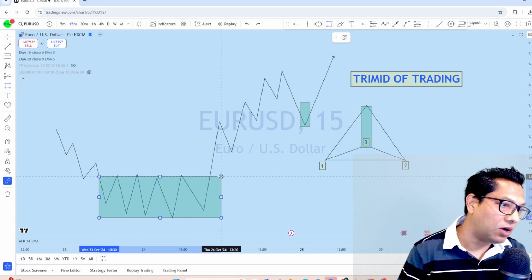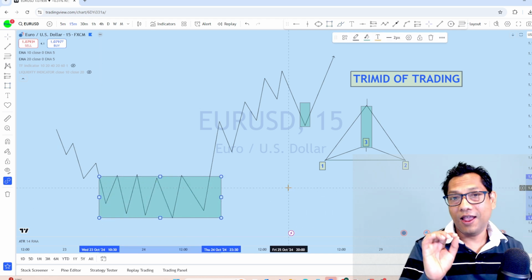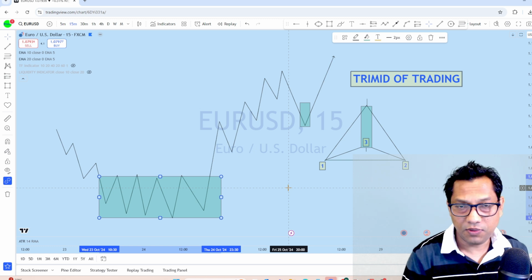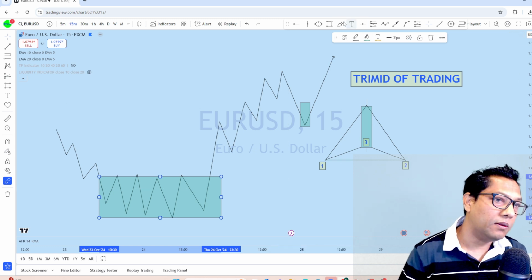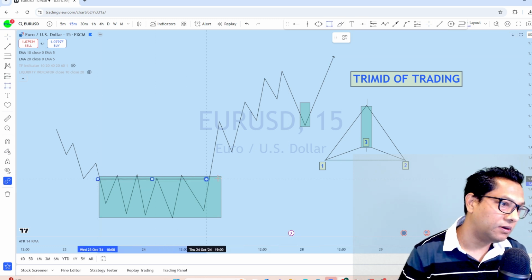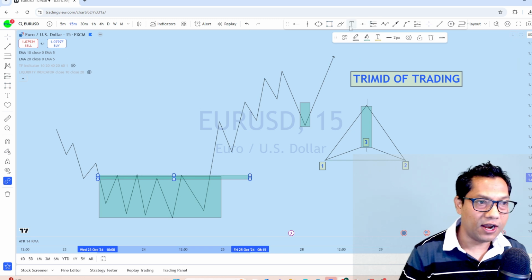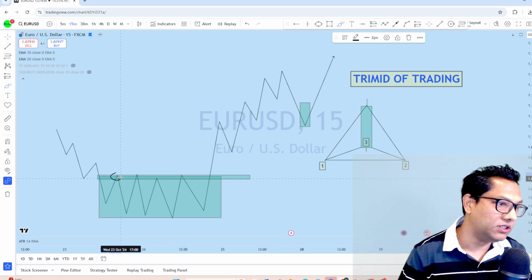If you look here, after this downtrend the market has gone sideways for an extended period of time, with multiple liquidity grabs. You can see this is the resistance here, resistance here, resistance here.